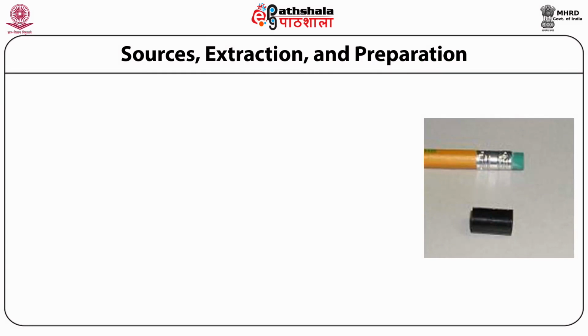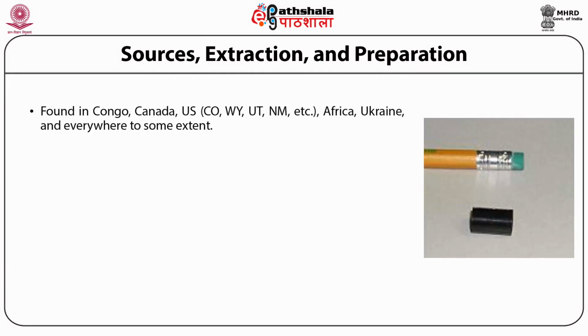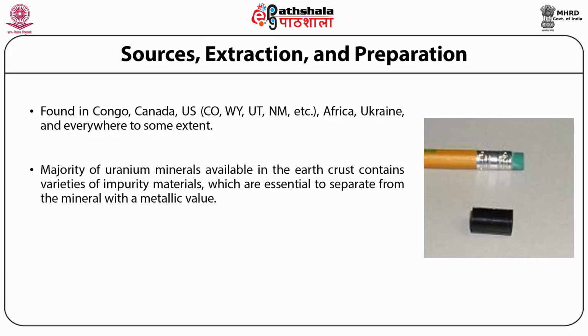Uranium is basically found in Congo, Canada, US, Africa, Ukraine, and everywhere to some extent. For many decades, several methods have been pursued for the mining of uranium. The majority of uranium minerals available in the earth's crust contain varieties of impurity materials which are essential to separate from the mineral with a metallic value.